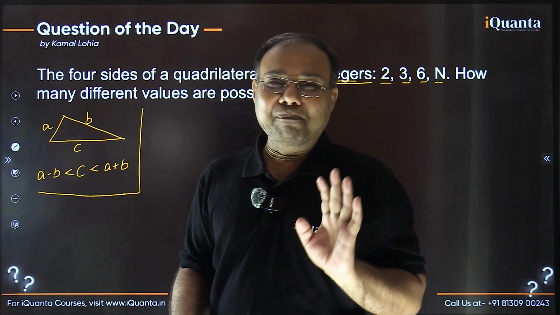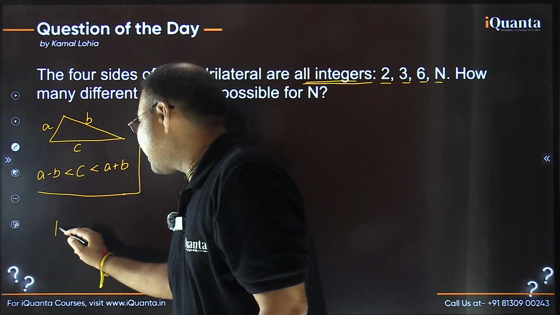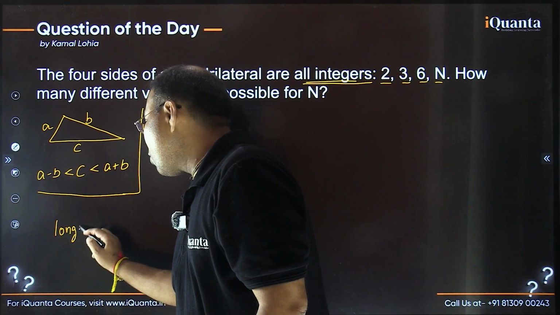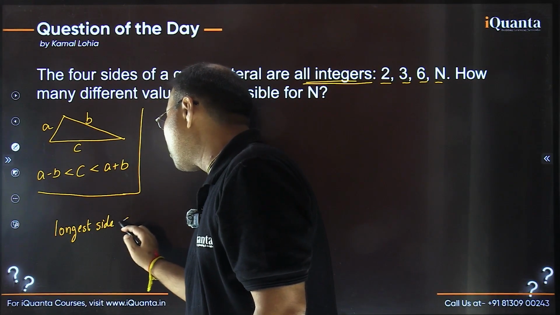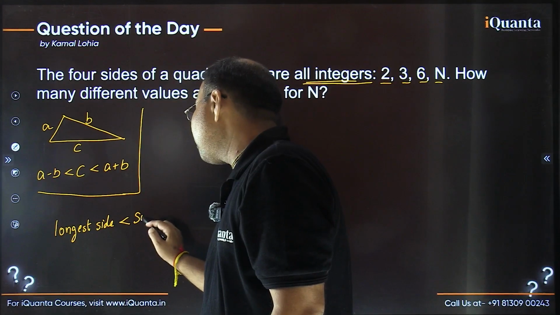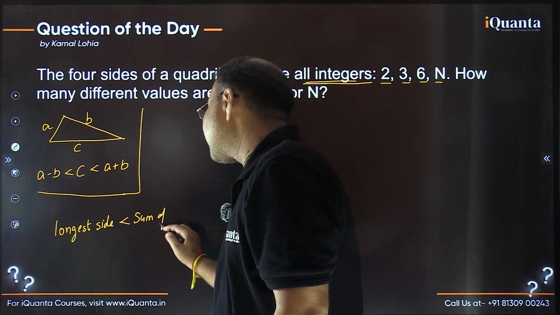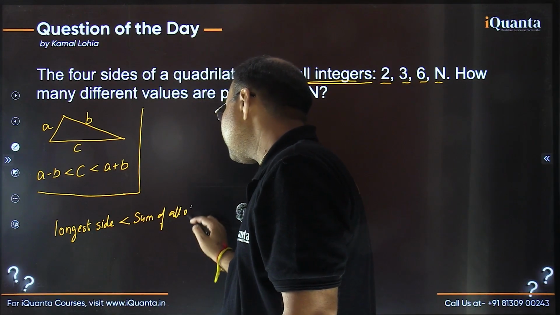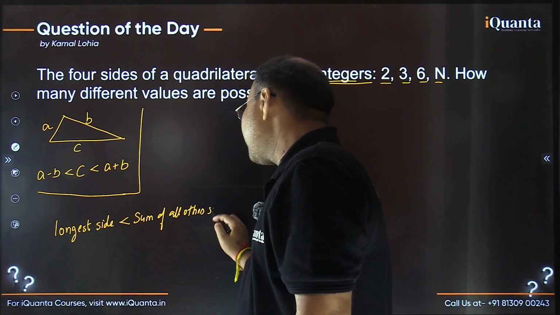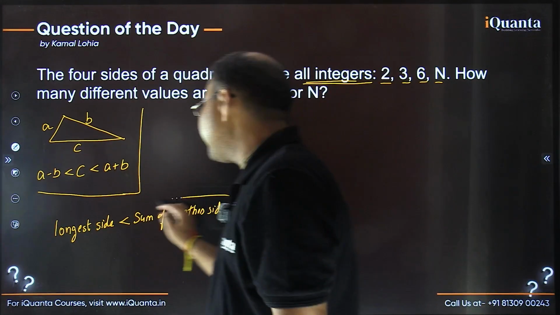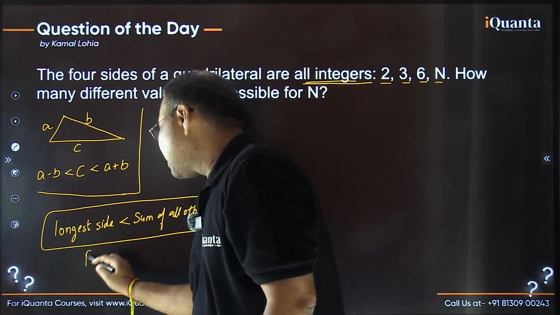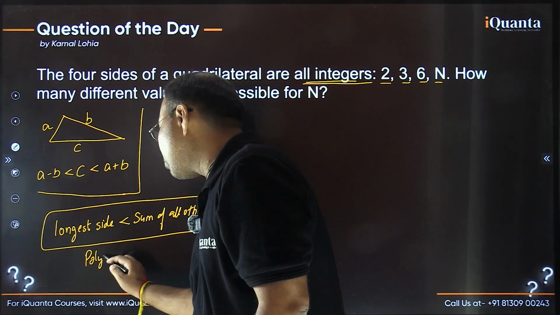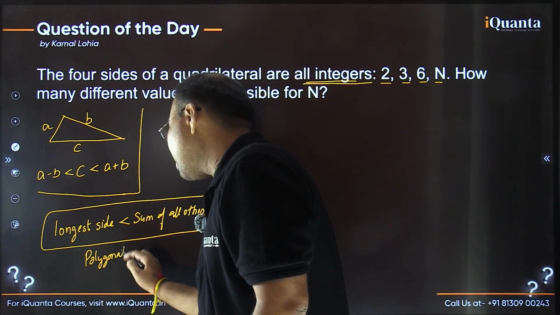The best way is very simple: the longest side, listen carefully now, should be smaller than the sum of all other sides. And this inequality is valid for all polygons. So now it can be called the polygonal inequality.